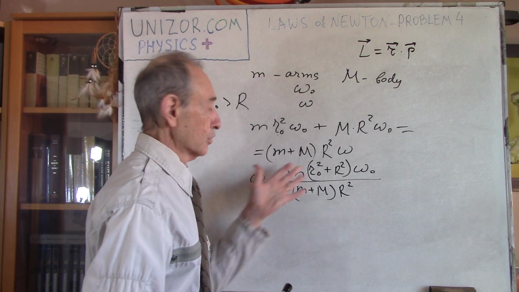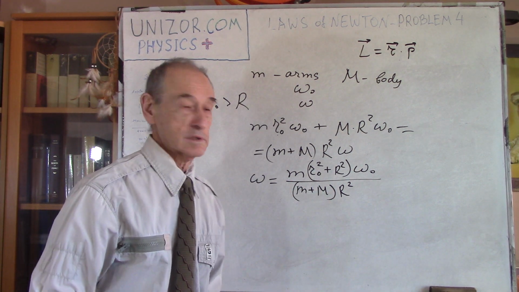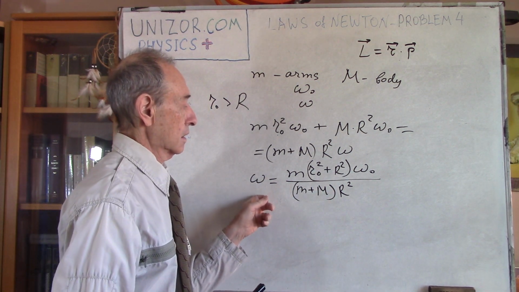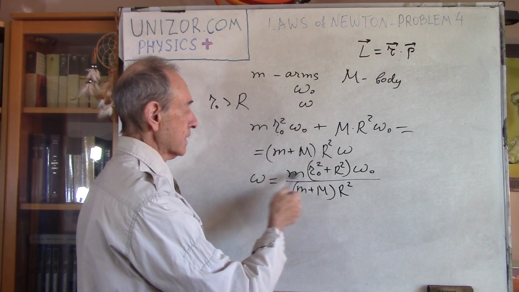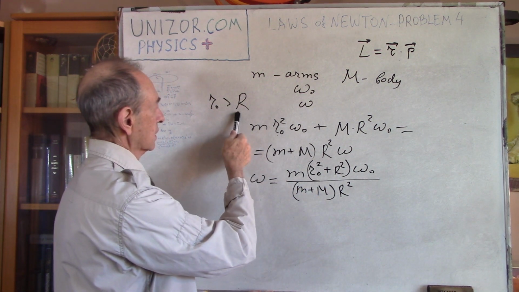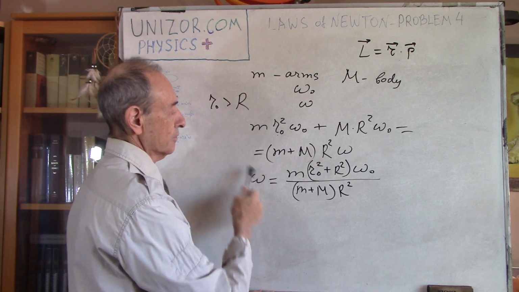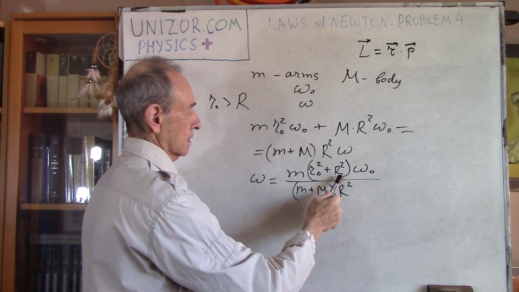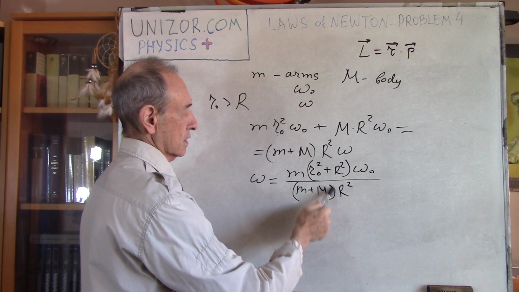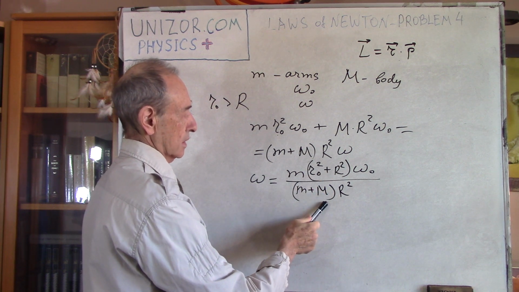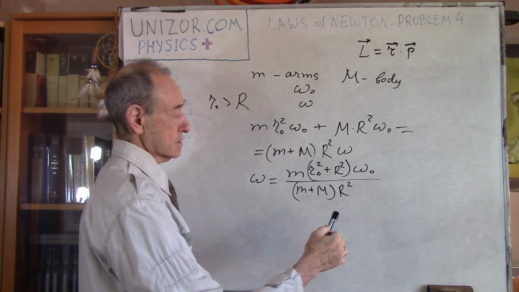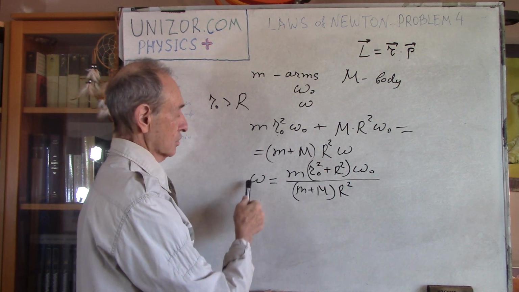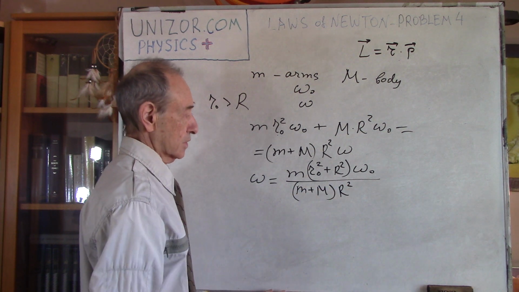So put your numbers in and you will get the final answer. Now this is obviously greater, since capital R is smaller, so the top expression is bigger than the bottom. So omega 0 will increase to omega by some factor, whatever the factor is.